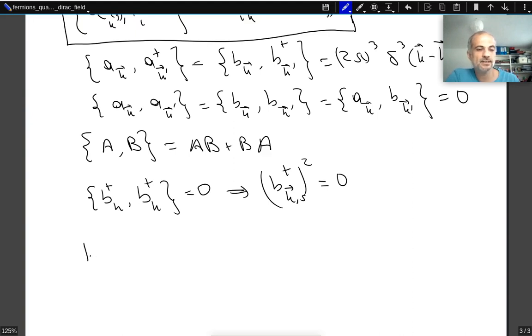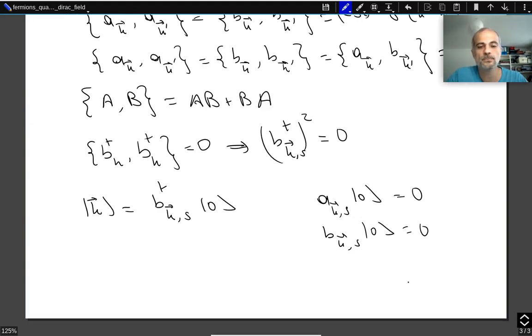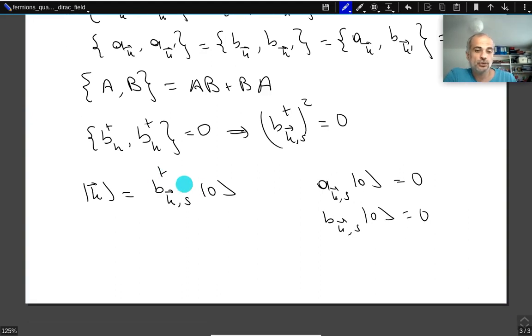But remember how we define the particle states. The particle states were defined up to normalization as b_ks dagger acting on vacuum, where the vacuum is still defined as a_ks acting on vacuum. This is 0, and b_ks acting on vacuum. This is 0. The annihilation operator still annihilates the vacuum. Then we have this creation operator acting on the vacuum once, gives us a single particle state.